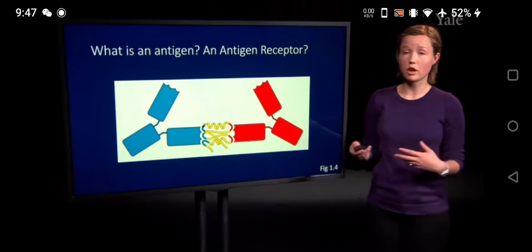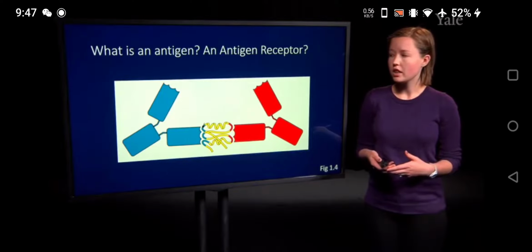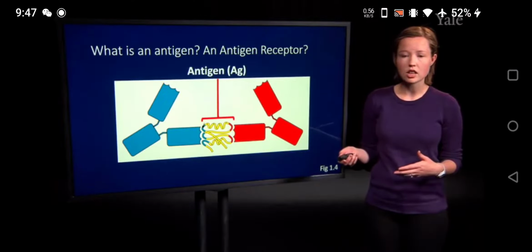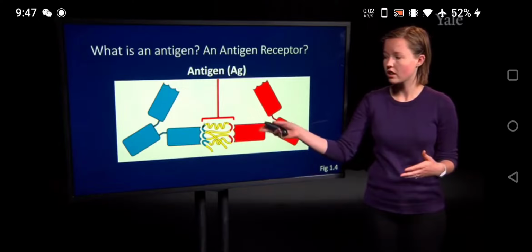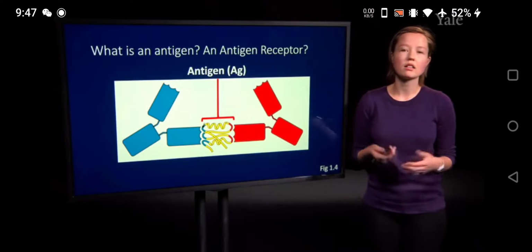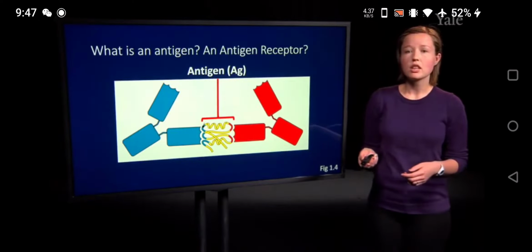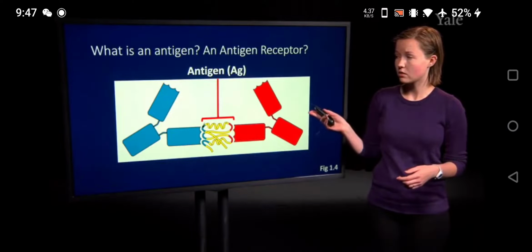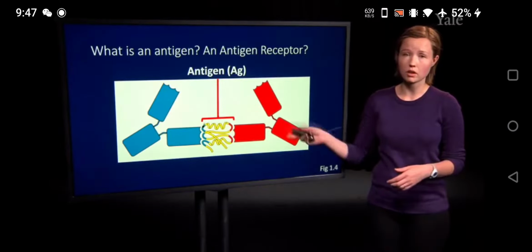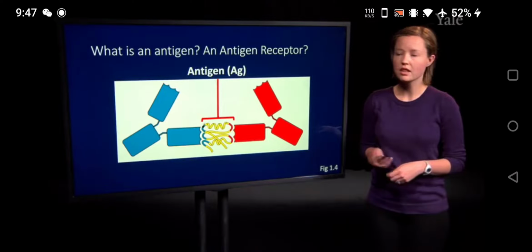So here we can see an antigen. This is the portion that is recognized by lymphocyte antigen receptors. So here we can see two lymphocyte antigen receptors. These are B-cell derived antibodies. They're in a secreted form, which is why they're referred to as antibodies.